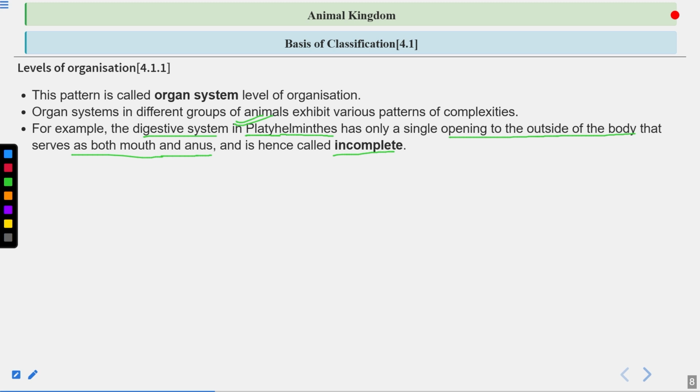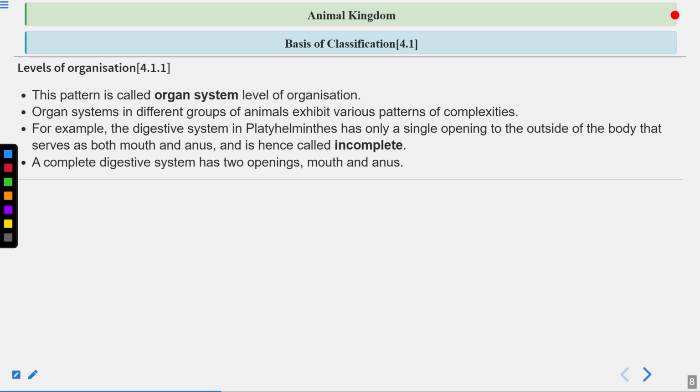How can we say that? Because they do not have two openings, mouth and anus. They have just one opening that does both functions, that is to take in the food and also to expel the undigested food material. So they have an incomplete type of digestive system. Very, very important feature.